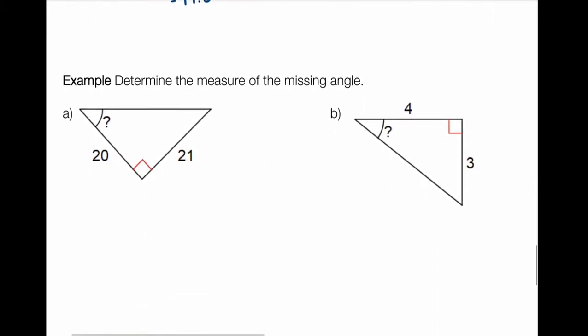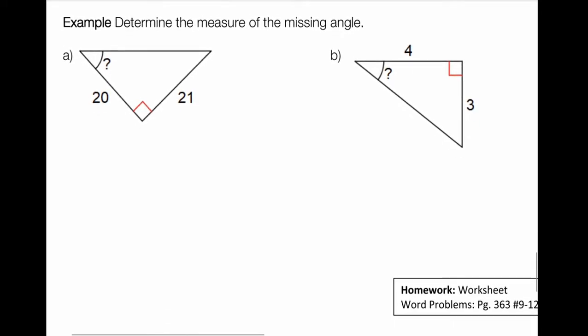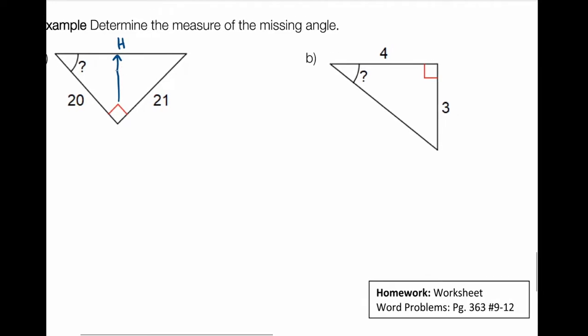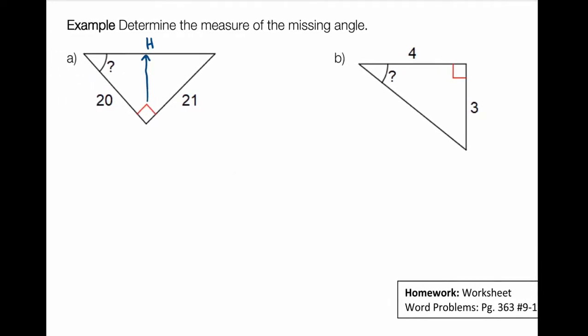So looking at triangles, if we're given some information and we're asked to determine the angle, we can use our trig. So the first thing we want to do is label our sides. So right angle, across from that is the hypotenuse. The question mark, even though I don't have that angle, I'm still going to refer to that as my reference angle.